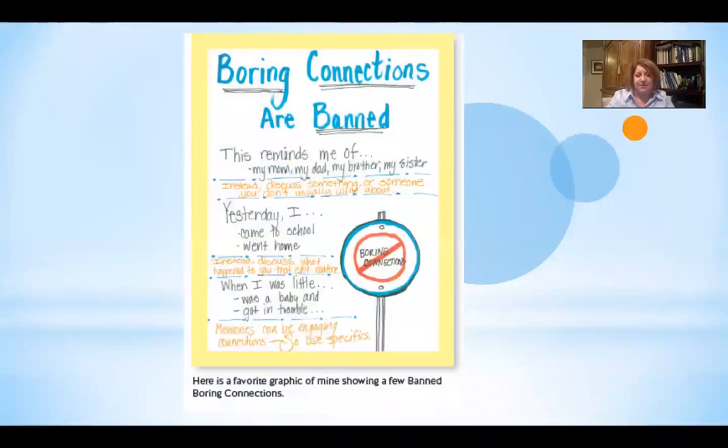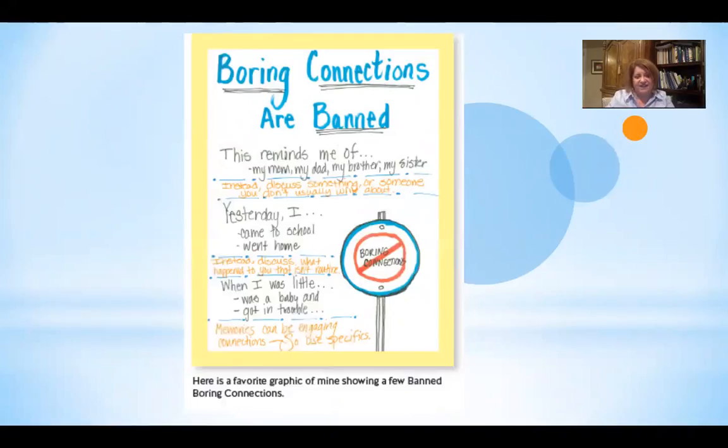So here's an example of a teaching chart from someone's classroom who worked on Banned Boring Connections, and she was very artistic, and she created this cute little sign. So this is what she had banned in her classroom. This reminds me of my mom, my dad, my brother, my sister. Instead, she said, discuss something or someone you don't usually write about. Another one she banned, yesterday I came to school, or yesterday I went home.